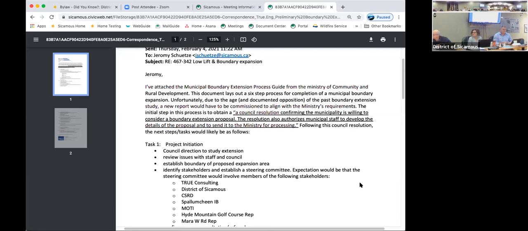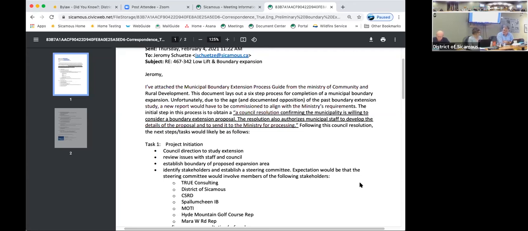There are no signatures here, but they have a signature date column on here. I'm not sure if the letter went in and they got the letter with the signature on it. This person has just given us an overall list. Before we do anything, I would suggest that we sort through this and see who's in the District of Sicamous and who's in Area E, because these are a mix of both.